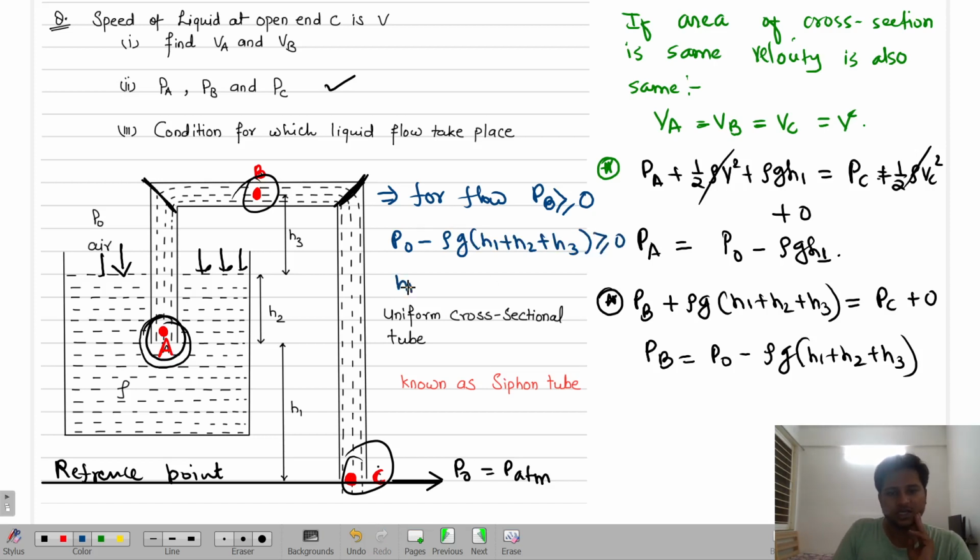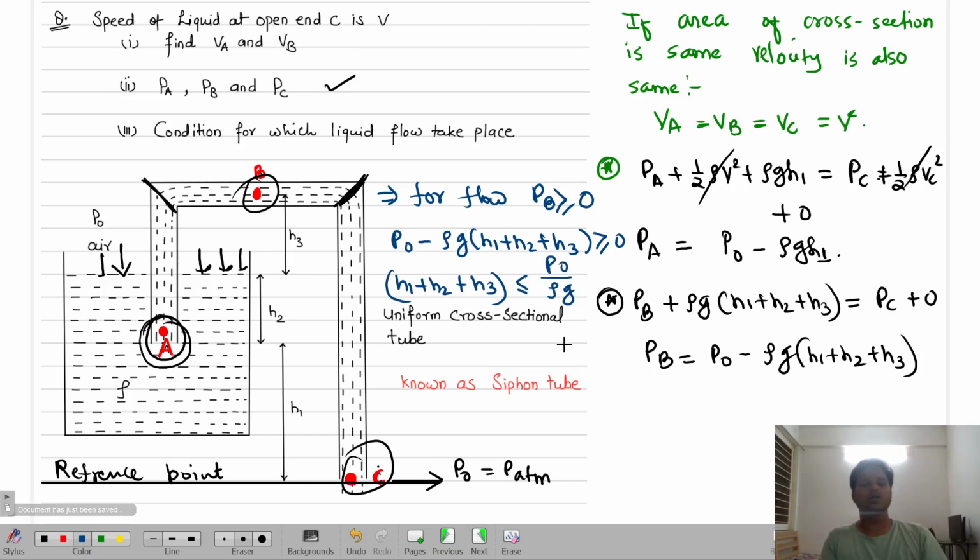So you got the relation that the height must be in some range: h1 plus h2 plus h3 must be less than or equal to P naught by rho g. Then only the water will be flowing. Are you able to get me or not? Okay, is that clear? Can you move to the next question?